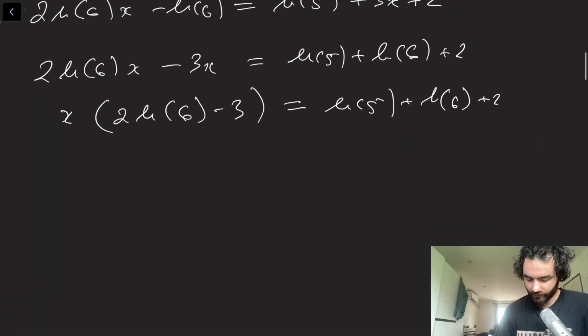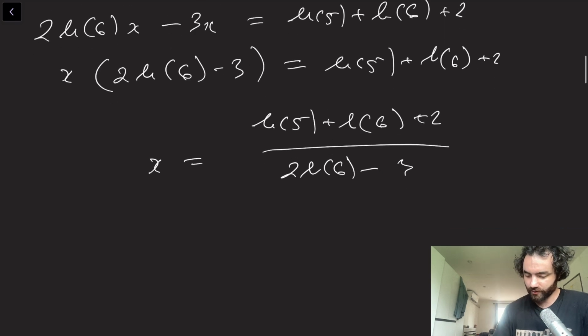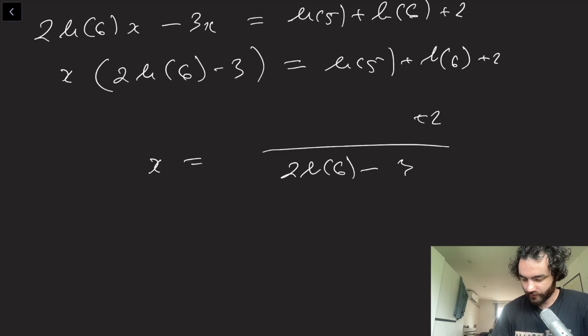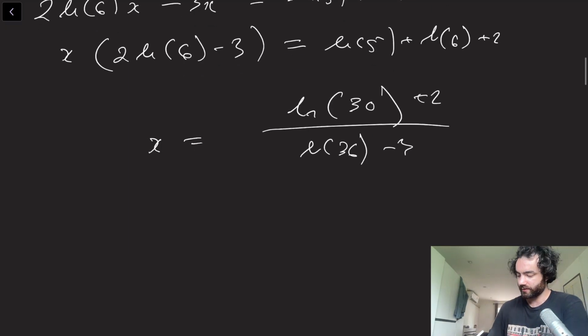And then finally, x equals (ln of 5 plus ln of 6 plus 2) over (2 ln of 6 minus 3). You could just plug that into your calculator, but these things can be made simpler, because ln of 5 plus ln of 6 is the same as ln of 5 times 6, which is ln of 30. And 2 ln of 6 will be ln of 6 squared from the power rule, which is 36. That makes it easier to plug into your calculator.